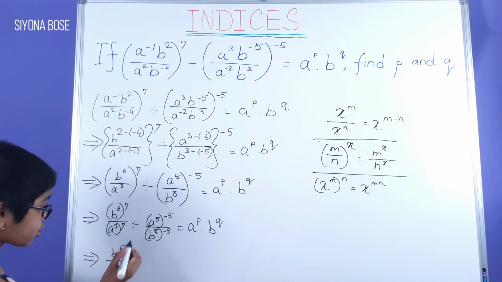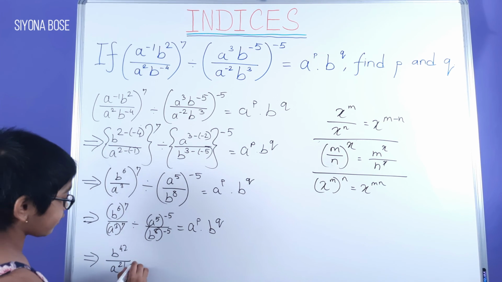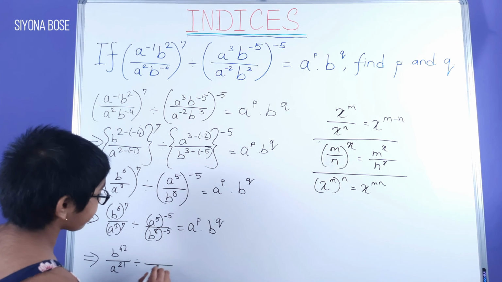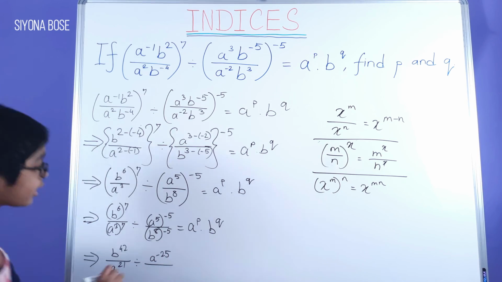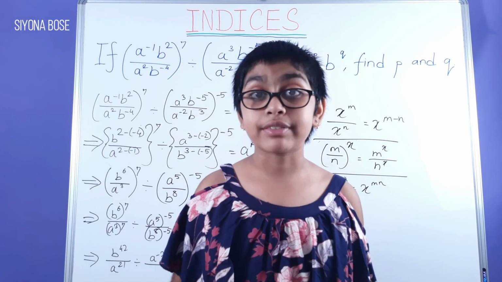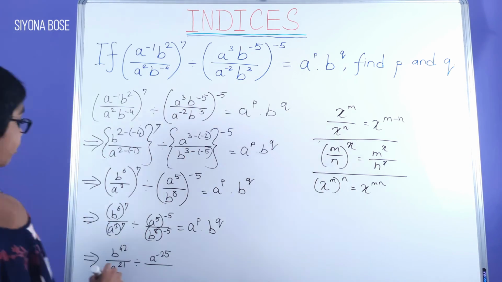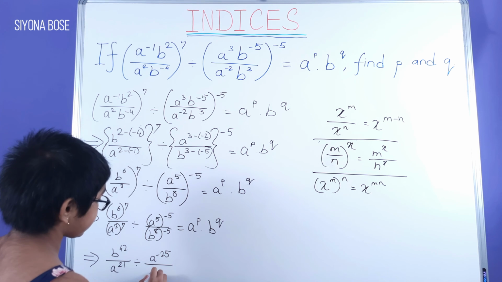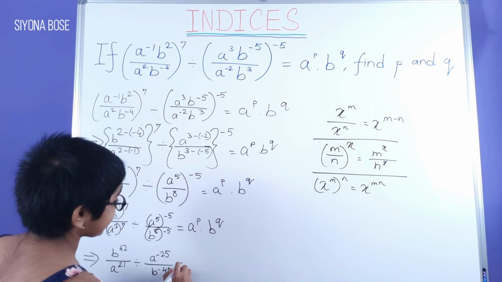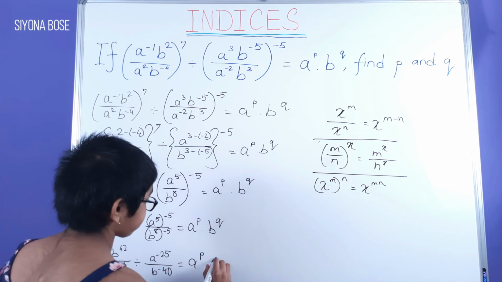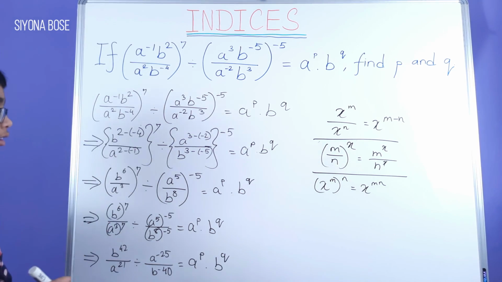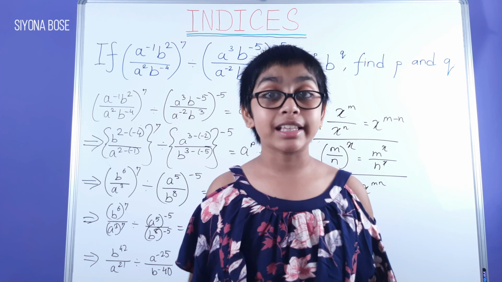A to the power of 21, 3 to 7, divided by, over here, 5 into minus 5 gives us minus 25, so a to the power minus 25. And 8 into minus 5 gives us minus 40, so a to the power minus 25 by b to the power minus 40 is equal to a to the power of p into b to the power of q. So you can take a look at the board.